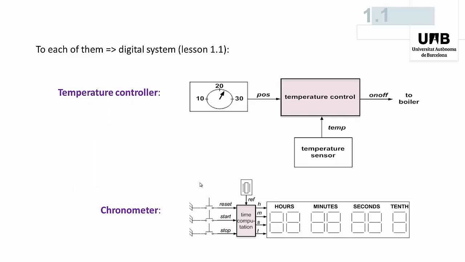We have seen in lesson 1 that to each of those algorithms can be associated a digital system. To the temperature controller corresponds this system, and to the chronometer this other system.